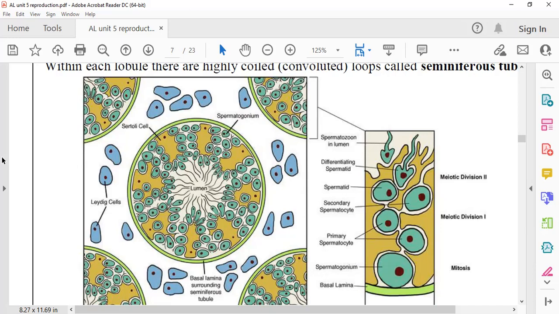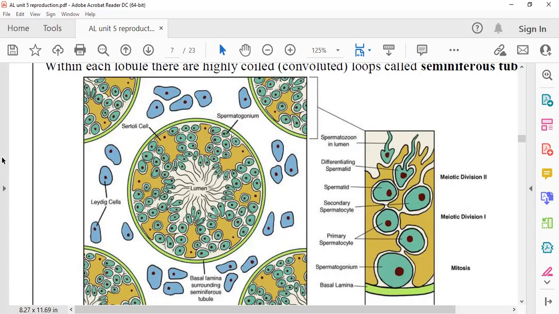In these stages, which one will you call sperm? Spermatozoa. Spermatozoa is the sperm.